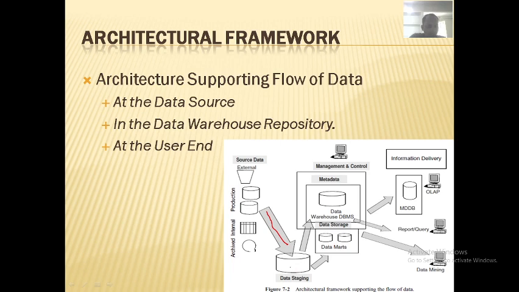Then after carrying them out, some data will go into the data warehouse, and some part of the data will be carried to data marts, and this is how the data will flow from source to data repository.